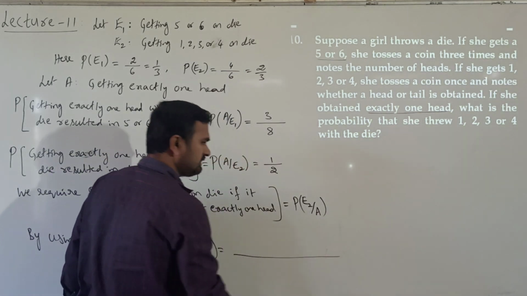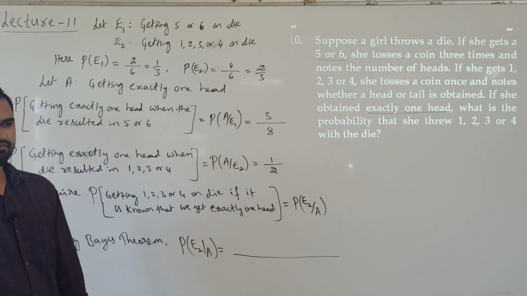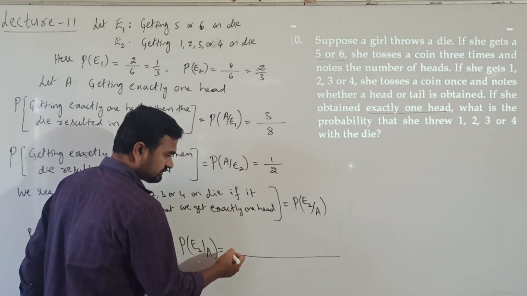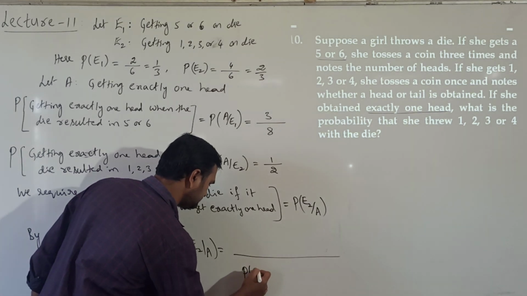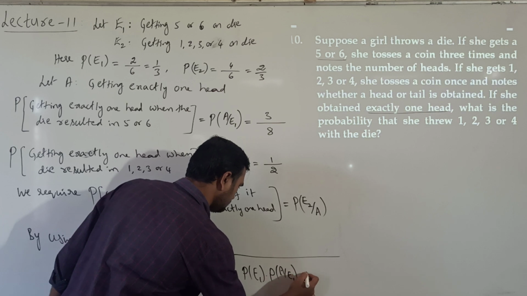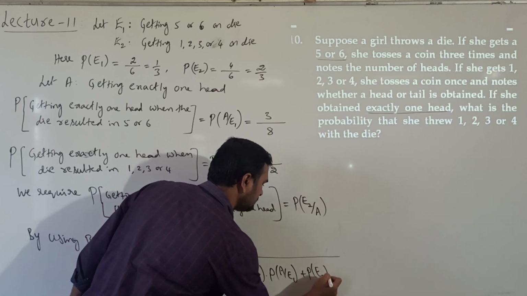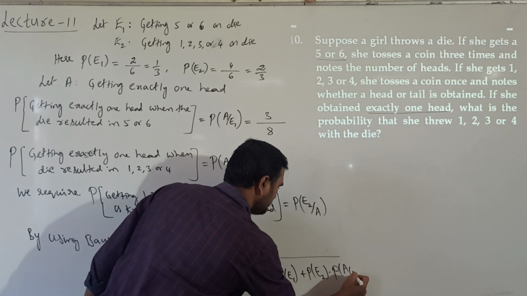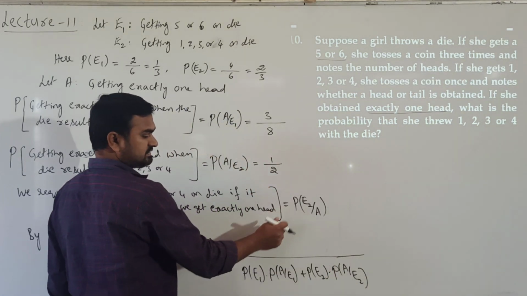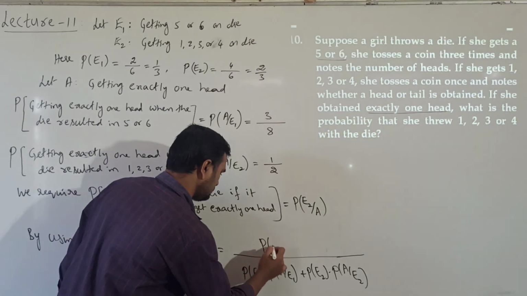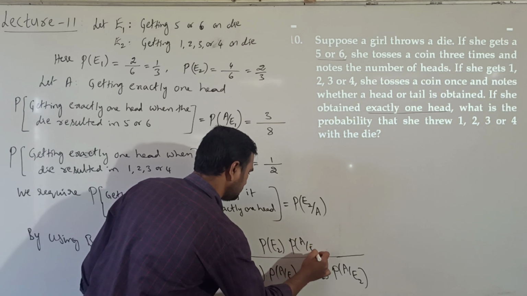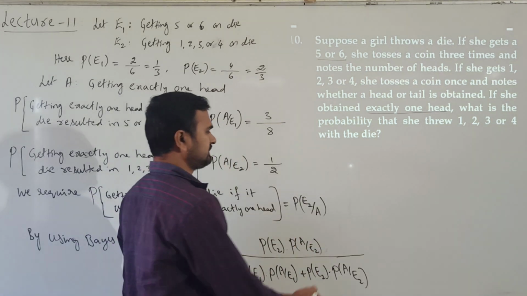First we write the total probability of occurrence of this event A. According to the theorem of total probability, it may occur in E1 into P of A given E1, or it may occur in E2 into P of A given E2. So out of these two cases, which case are we interested in? The second case. So P of E2 into P of A given E2. So write this case in the numerator.